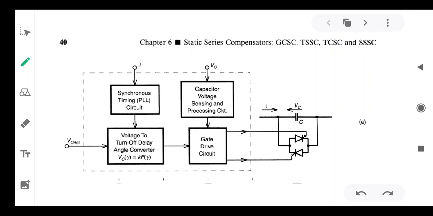In GCSC also you have power and control circuits. So this is the power circuit, this is the control circuit. In the power circuit we have GCSC components, capacitor and GTOs' antiparallel combination.